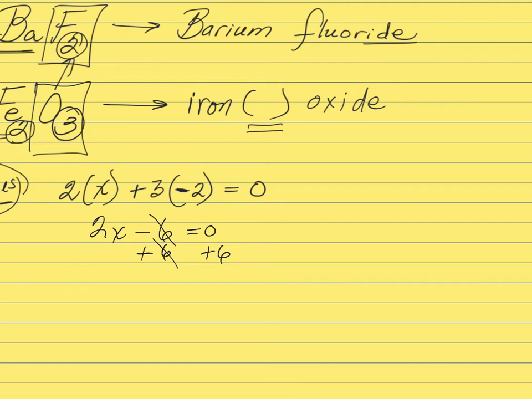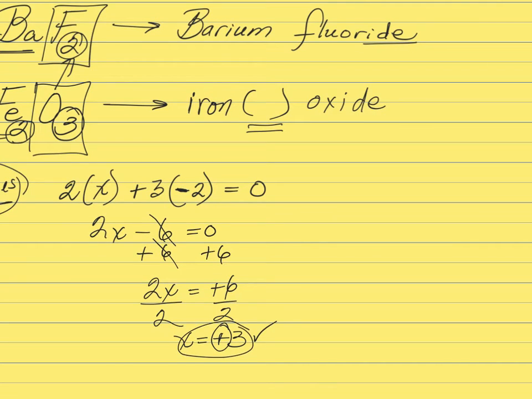What is the opposite operation of subtraction? Addition. Then I have 2x equal to positive 6. The opposite of multiplication is division, and my oxidation number is equal to positive 3. Is that oxidation number reasonable? Yes, because it is positive and I'm looking for the oxidation number of a metal, and the tendency of the metal is to lose electrons.